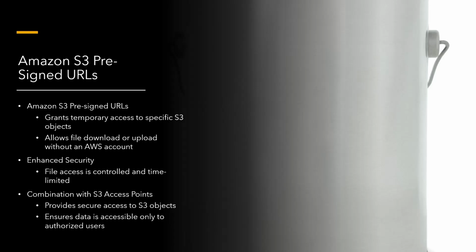So another security solution that S3 offers is the pre-signed URLs. Now, pre-signed URLs grant temporary access to specific S3 objects. And this access is going to be allowing users to download or to upload files without the need to have an AWS account.